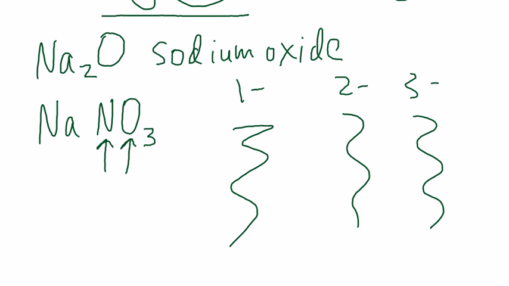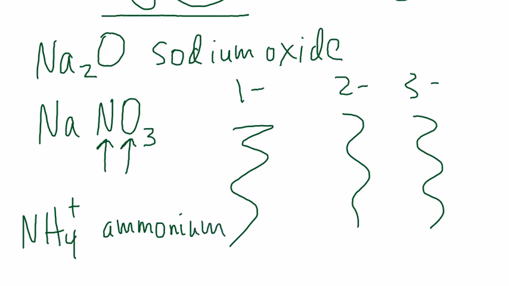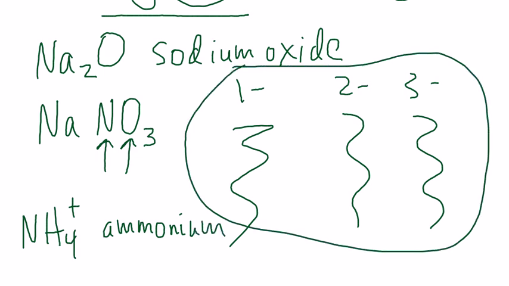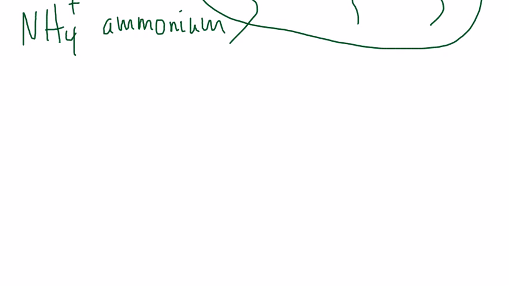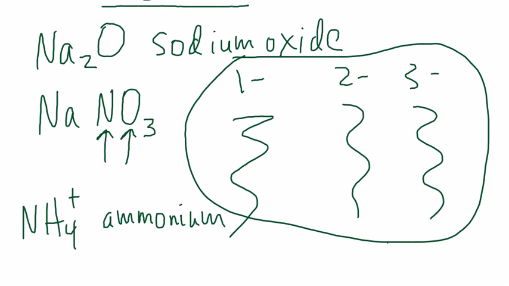There is actually one polyatomic cation. That's the ammonium ion. However, all the other ones on the back of your periodic table are negative. They're polyatomic anions.